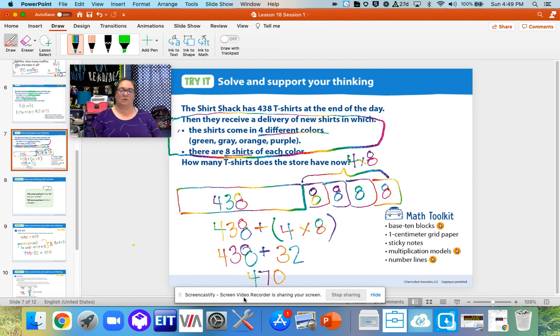So that is how we could do this, thinking about it in one equation instead of 2 equations, because the first thing we did was figure out what 4 times 8 was, and then the second thing we did was take those two and add those together, which was 438 plus 32. So if we wanted to write it all in one, we just know that this is what makes that. So we're going to write it as 438 plus 4 times 8.